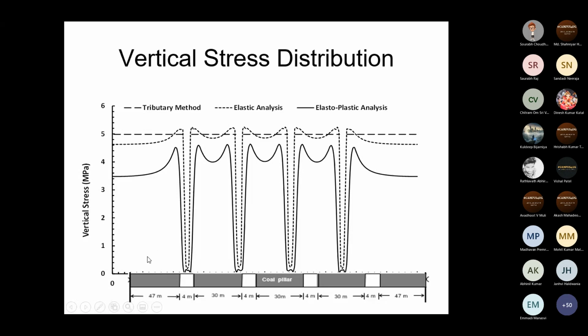So failure will be simultaneous in nature, whereas in elastoplastic analysis the failure will be progressive. Based on that, these two theories have been given for pillar design: the ultimate pillar theory and the progressive failure theory.